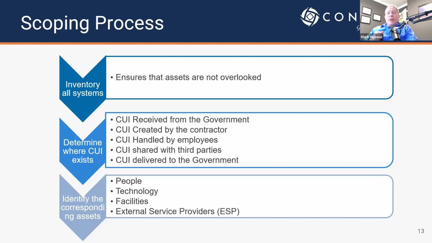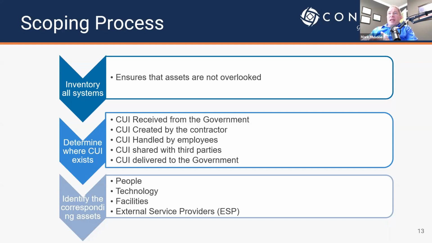And then part of that scoping, and Anna mentioned that scoping is a data-centric process, and CMMC is very much data-centric. It's all about the data. It's all about CUI, controlled unclassified information. So we want to determine where CUI exists in your system. CUI could come from a number of different places. Number one, was there CUI received from the government?